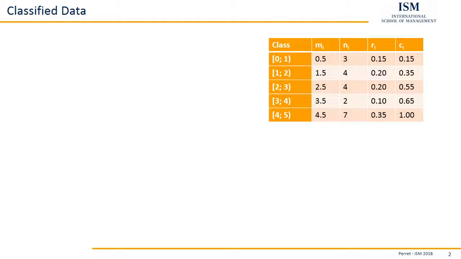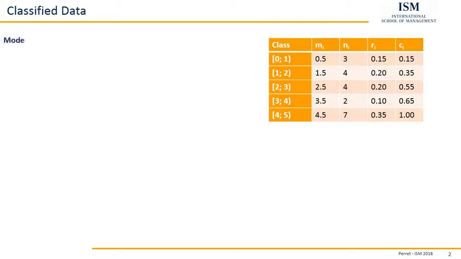As we discussed in the session on frequencies, when we have the absolute frequencies, we can also calculate the relative frequencies, that's here the RI, and the cumulative relative frequencies, that's the CI. So we have those added to our table, and that's all we're going to need when we calculate our specific statistics in the next step.